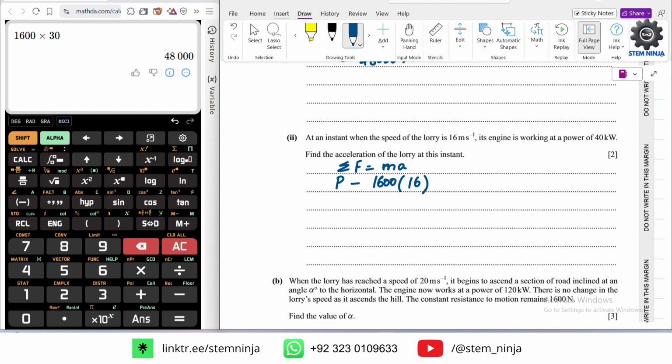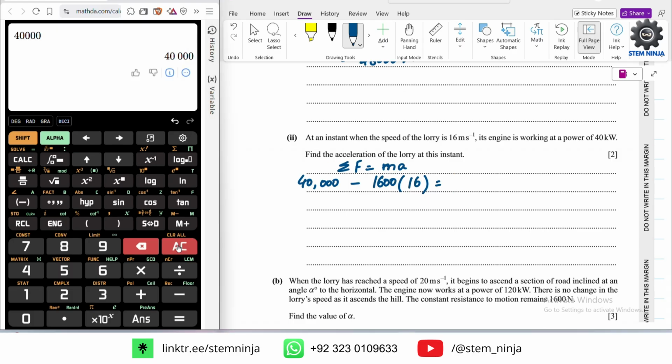Okay, so this is the net power, right? This P is currently 40,000, so 40,000 minus this, that is your net power. The power is the used power basically. So that is 40,000 minus 1600 times by 16, that is 14,400.